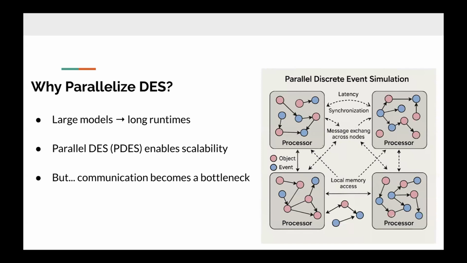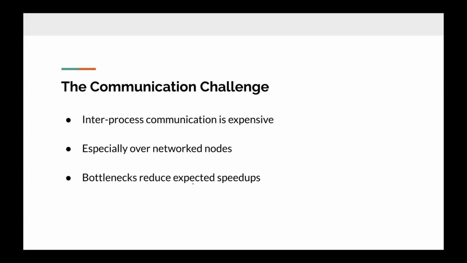When thousands of messages are exchanged per second, this overhead becomes significant. Even worse, processors often need to synchronize to preserve causality, adding further delays. So while PDES promises scalability, it only works well if we minimize communication between nodes and balance the computational load, and that's where our contribution comes in.